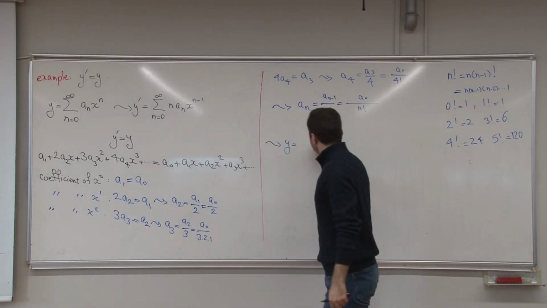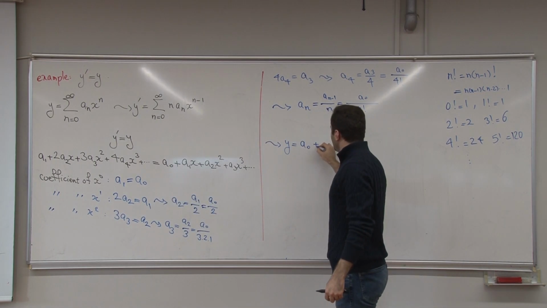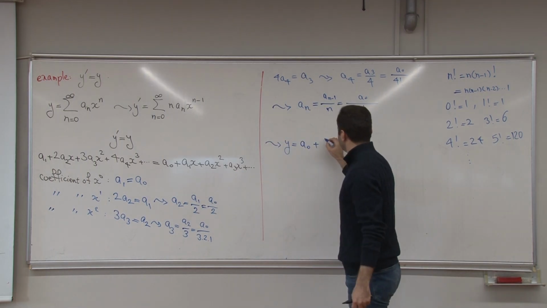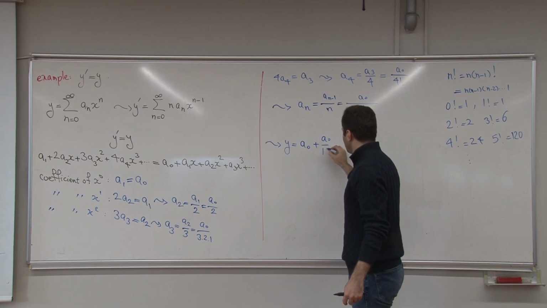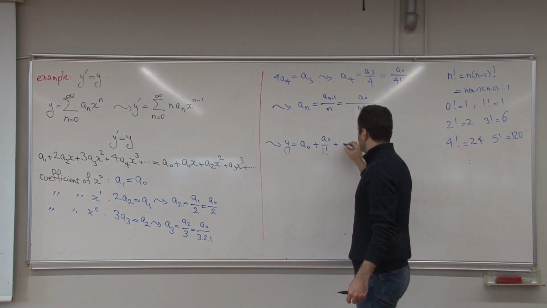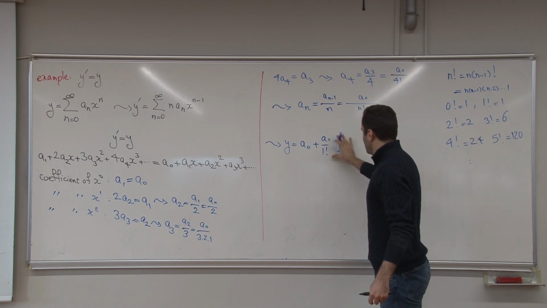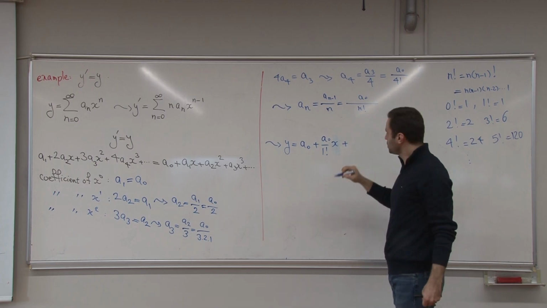It is going to be a0 plus a1 x, and a1 is again a0. Let me write this as a0 divided by 1 factorial, not to forget x here, plus, what is my a2?